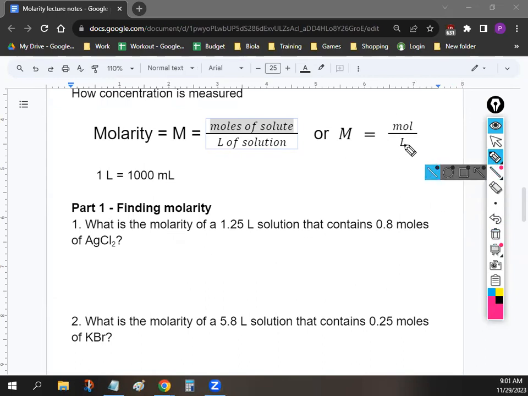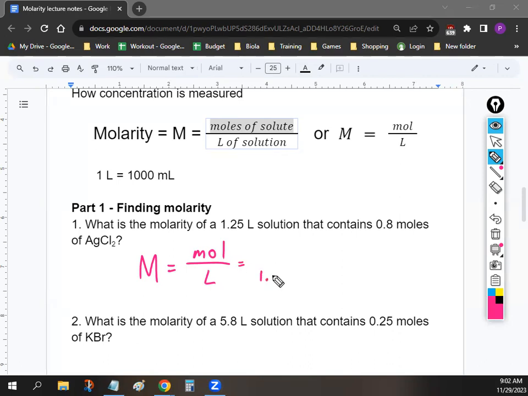We're looking for molarity, so we can use this equation right here. We're going to just write down capital M is equal to moles divided by liters. Let's look at the problem and see if we have the numbers for moles and liters. We can see that we have liters, 1.25.